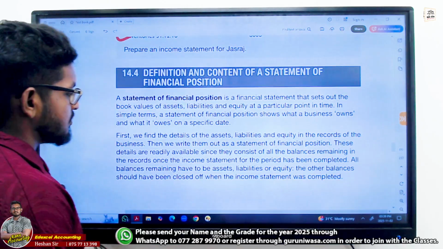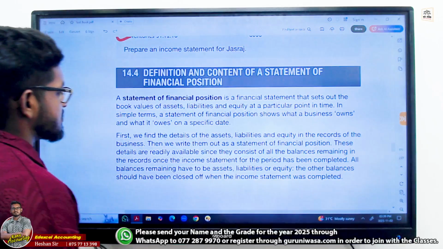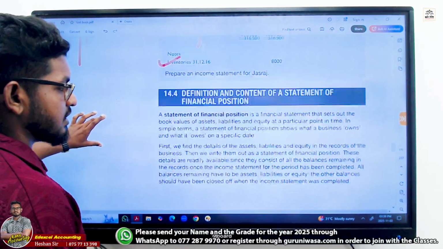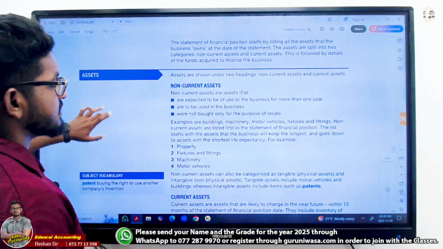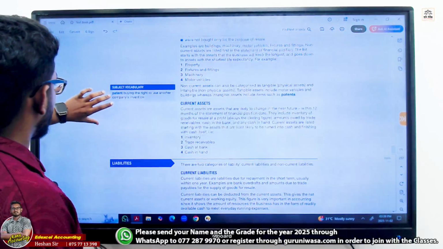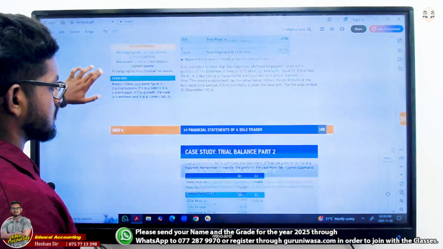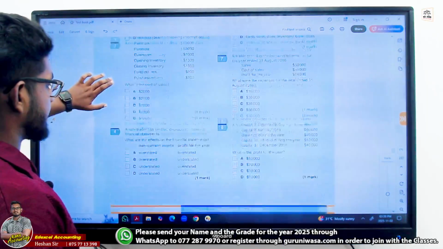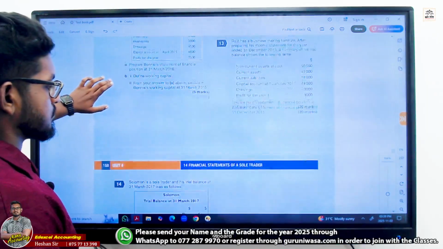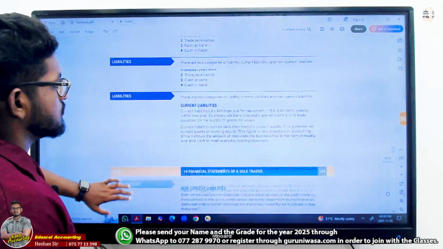All balances remaining have to be assets, liability, and equity. The other balances should have been closed off when the income statement was completed. Right? It's like this.